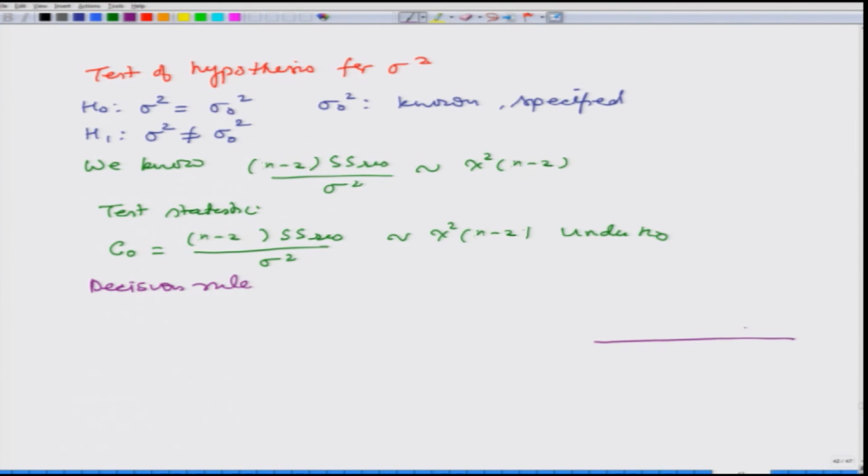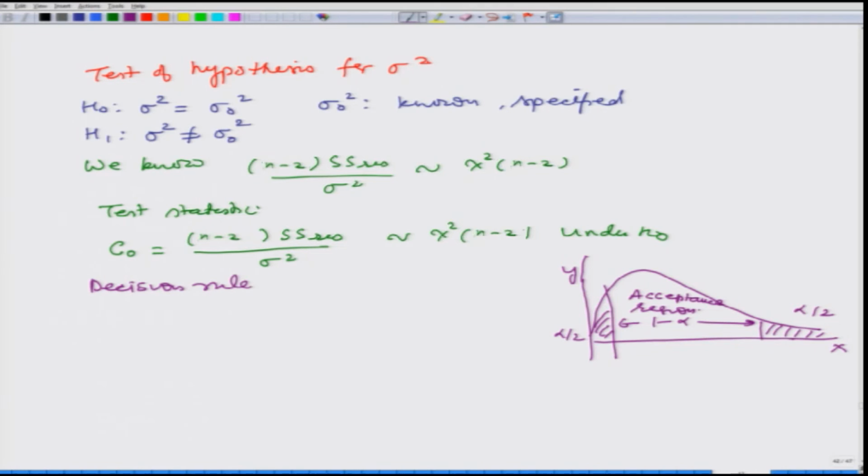So, we know that the chi-square distribution is not a symmetric distribution. So, this is our x-axis, this is y-axis, and somewhere here there is alpha by 2 critical region, and on this side this is alpha by 2 critical region, and in between this is the 1 minus alpha region, which is the acceptance region.